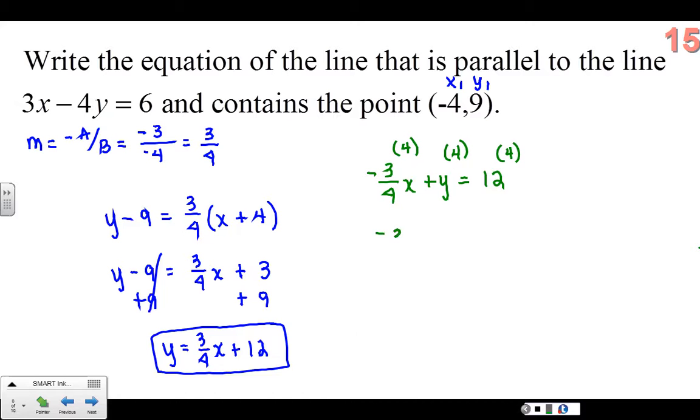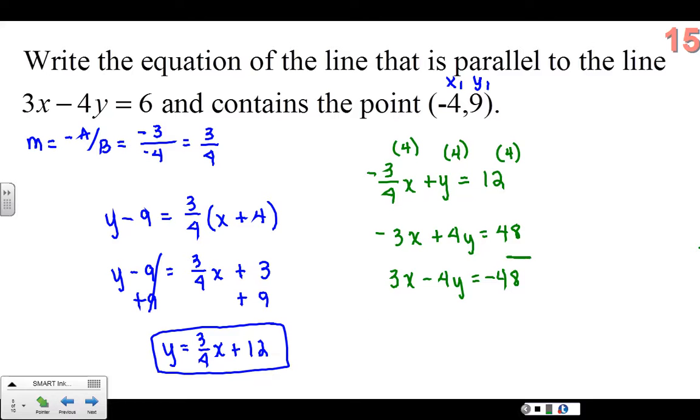So that would give me negative 3x plus 4y equal to 48. And I would also have to multiply through by a negative 1 because a is not supposed to be negative. So I would get 3x minus 4y equal to negative 48.